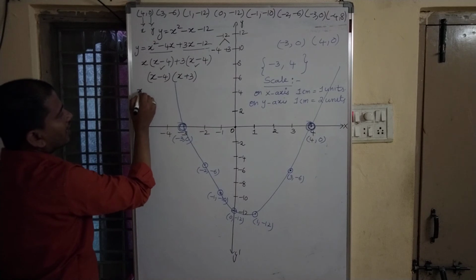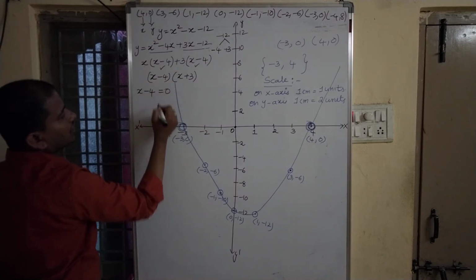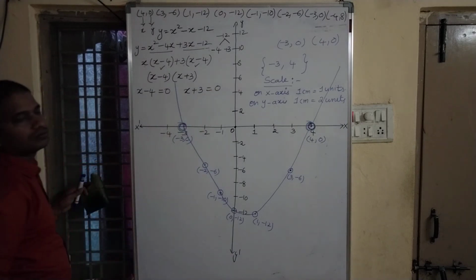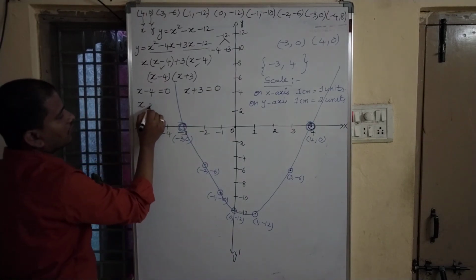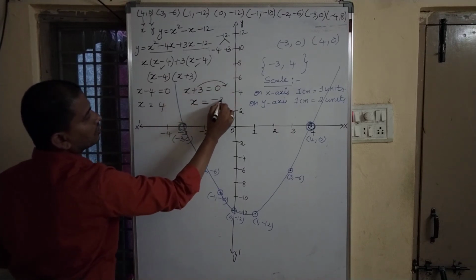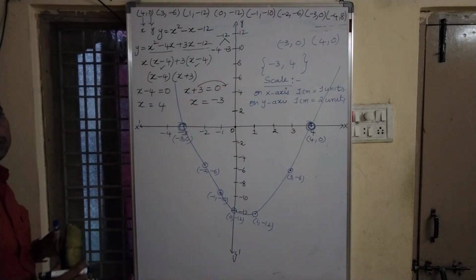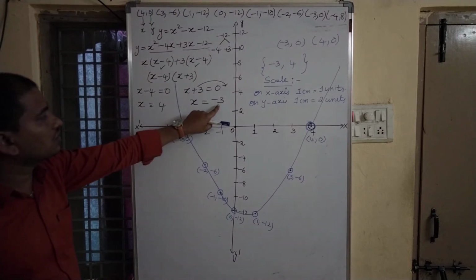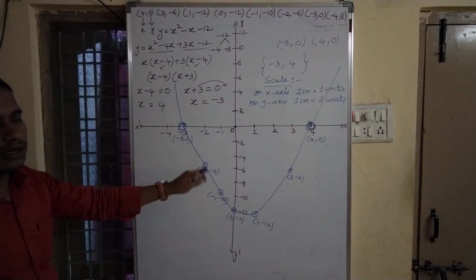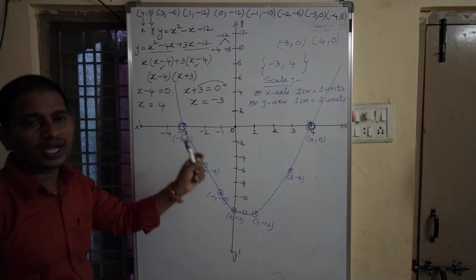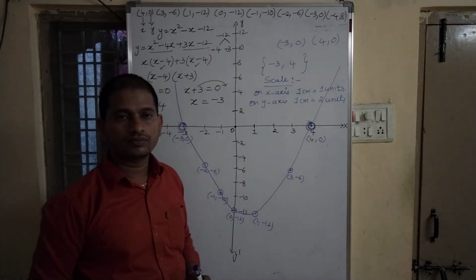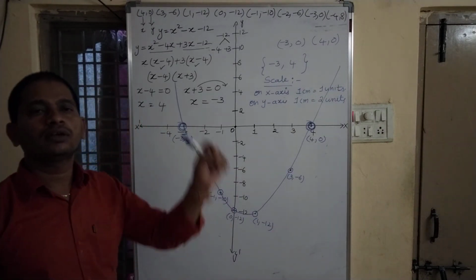So x minus 4 is equal to 0 and x plus 3 is equal to 0. That is x equal to 4 and x equal to minus 3 if you transpose. You can observe here, again we got the zeros minus 3 and 4. And when we represent the points on a graph paper, there also we got minus 3 and 4. Hence, we verify.